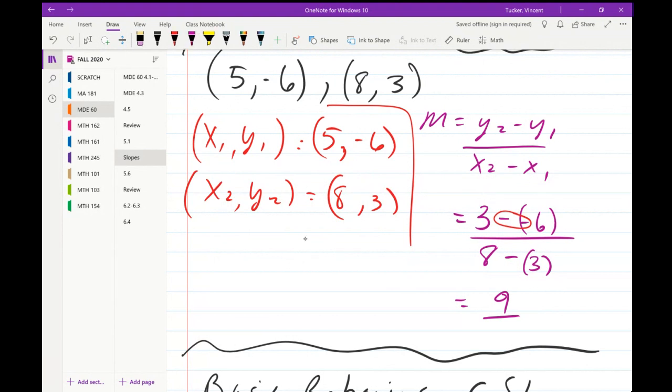Oh, I put a 3 there. It should be a 5. Sorry about that. Should be 8 minus 5. X1 was 5. So 8 minus 5 is 3. And 9 over 3 is 3. So my slope is 3 here.